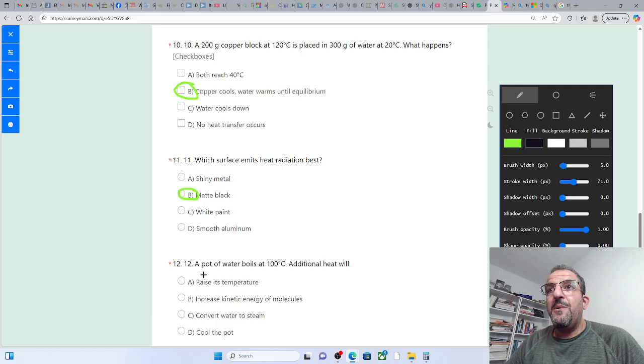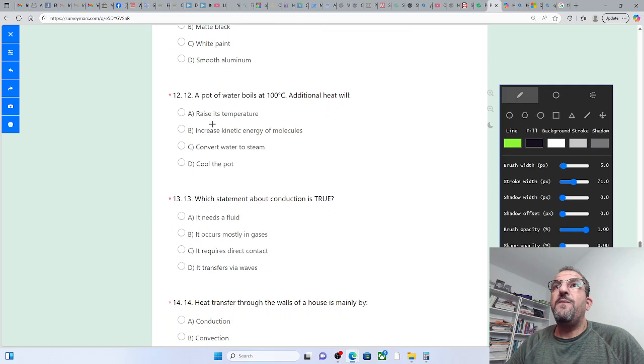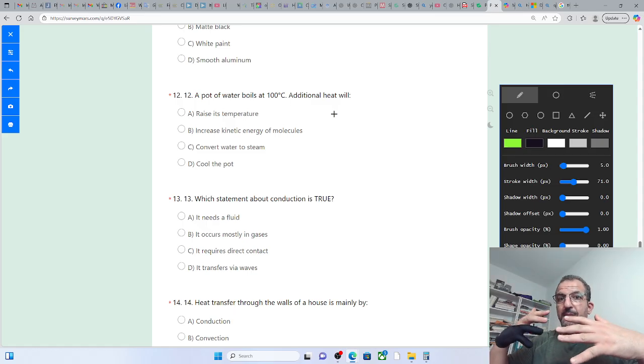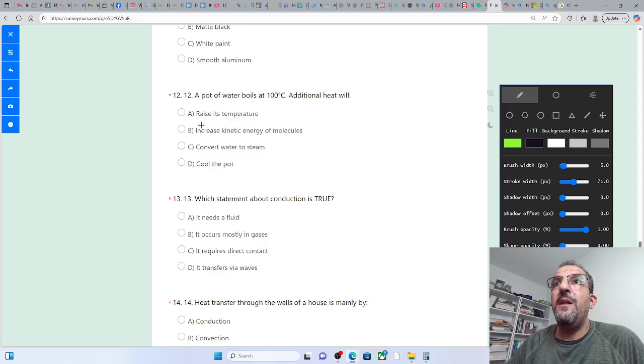For number 12, a pot of water boils at 100 Celsius. The additional heat that goes from the stove to the pot of water, what does it do?